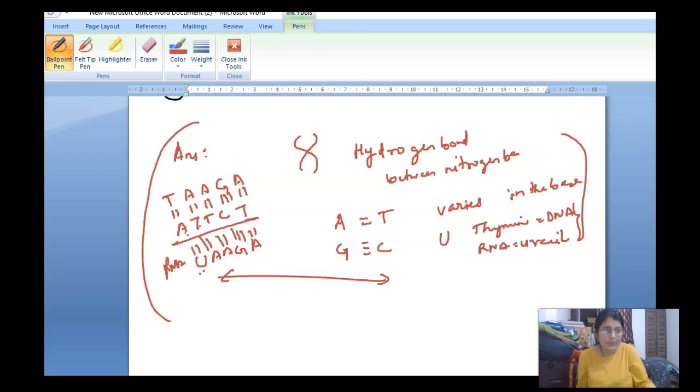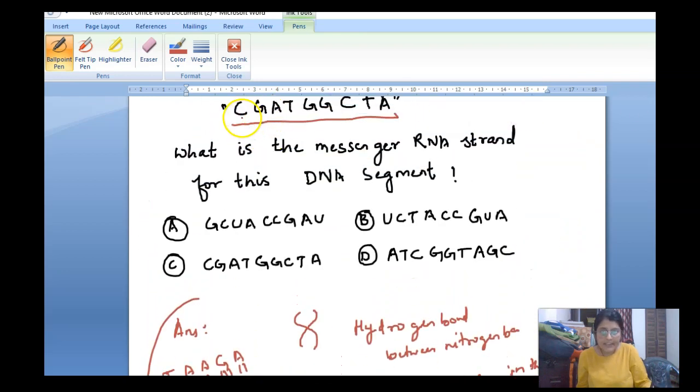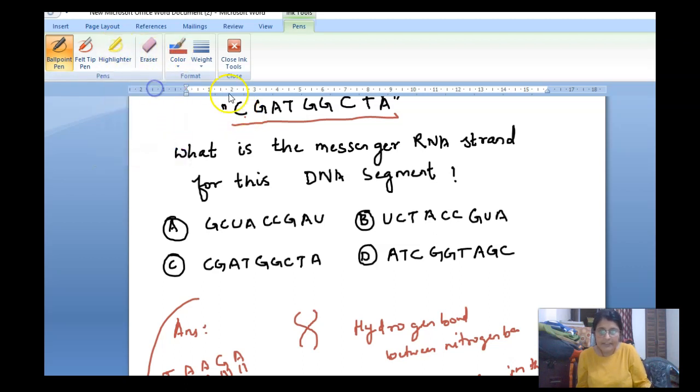Now moving to the question. Here you can see the segment of DNA is C. Now I am taking another color, suppose I have taken green. C will pair with which base? G. G will pair with C. A will pair with uracil because it is talking about messenger RNA here.